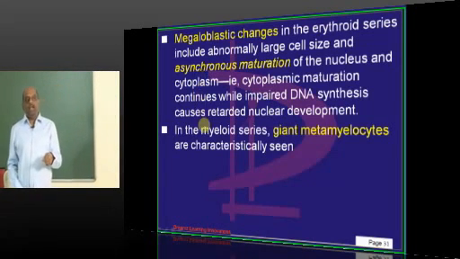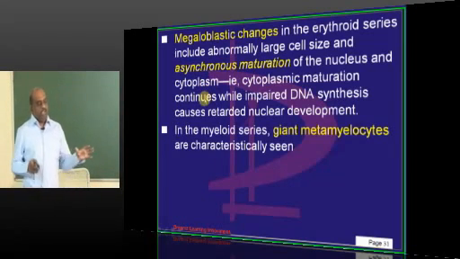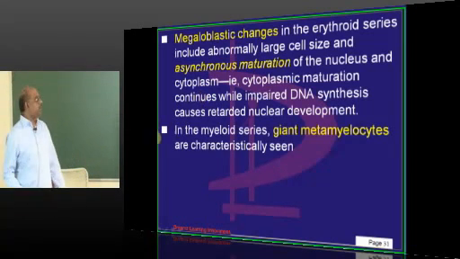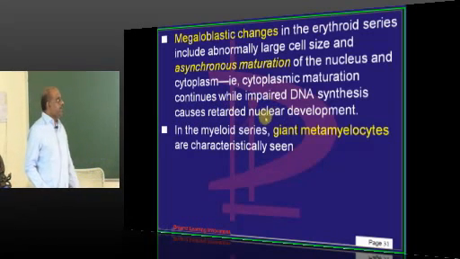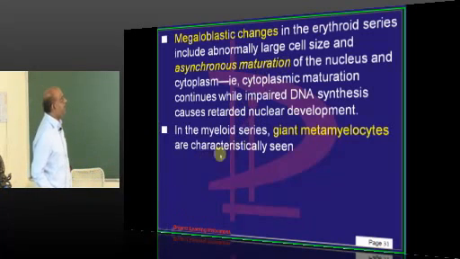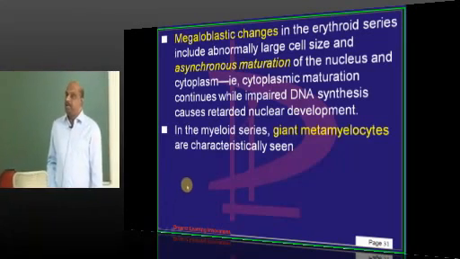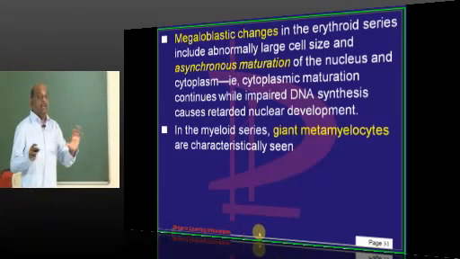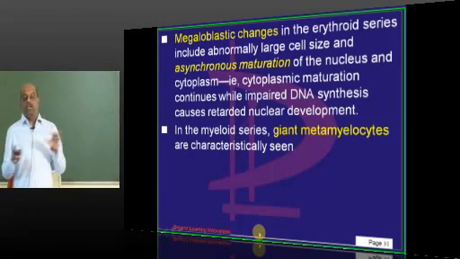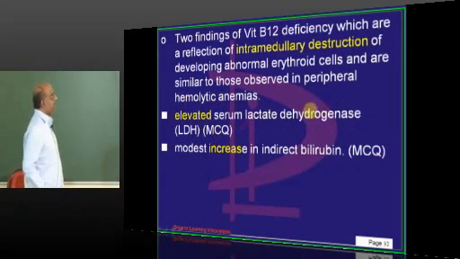You will also appreciate those megaloblastic changes due to the asynchronous maturation of the nucleus and cytoplasm. That is, cytoplasmic maturation continues while the nuclear maturation does not happen, which is another important feature in the bone marrow which you can appreciate. Then giant metamyelocytes in the bone marrow is another important finding in case of megaloblastic anemia.